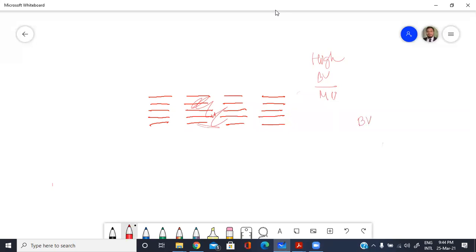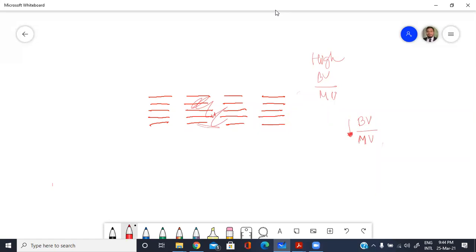Okay. Now between the companies which have a low book to market, they tend to be underpriced or they tend to be overpriced? Overpriced, sir.